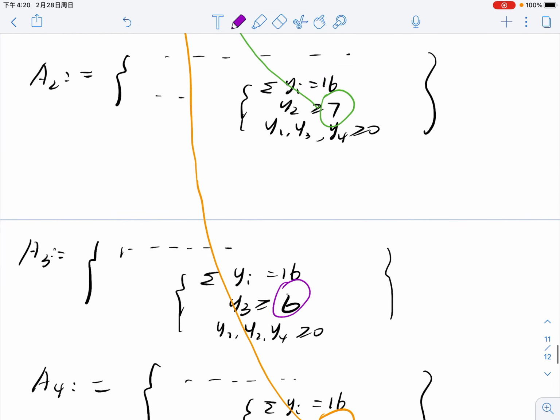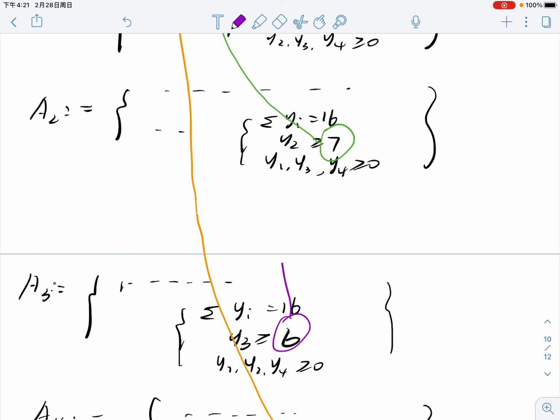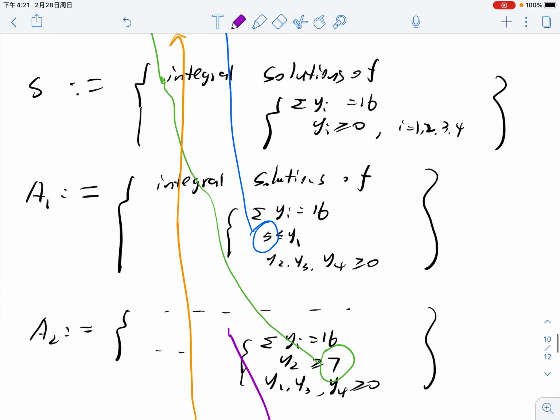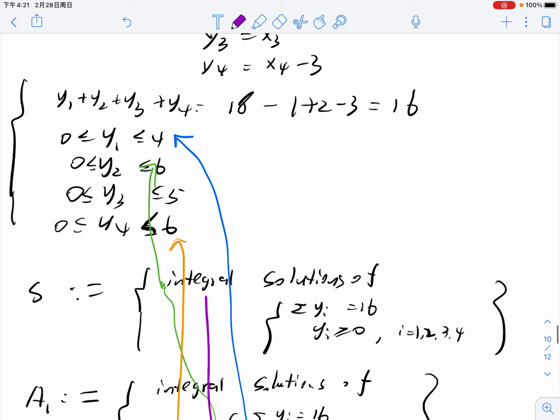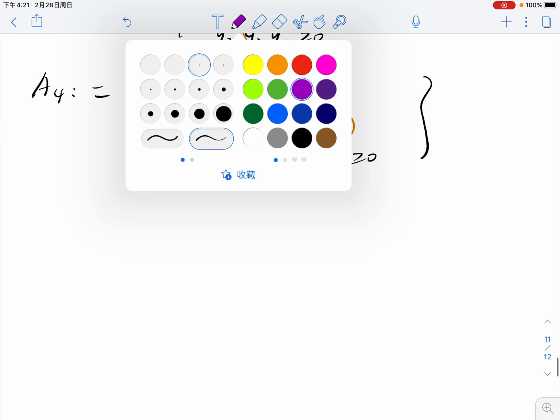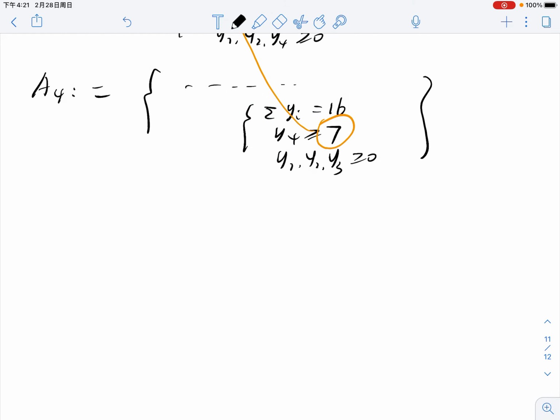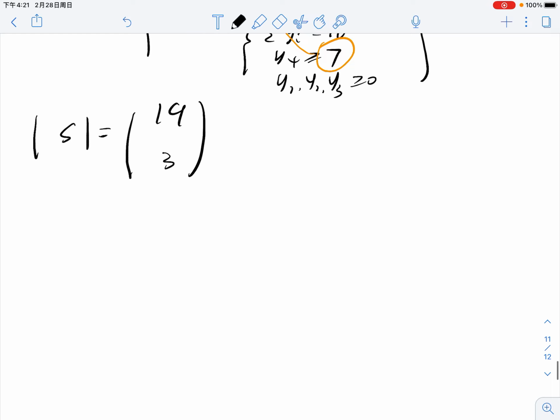This 6 corresponds to 5 here. Okay, next we can compute the cardinality by the original formula. So the cardinality S is 19 choose 3.